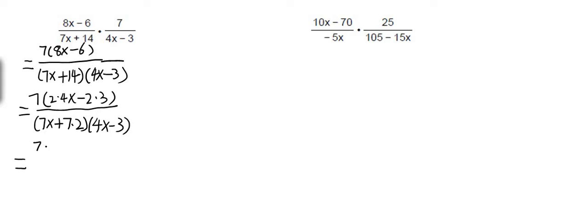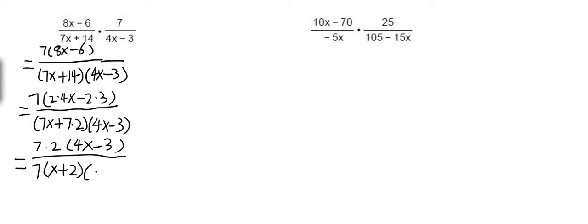Okay, then we're gonna factor the 2 out of this polynomial. We have 7 times 2 times (4x minus 3). And for the denominator, we have 7x plus 7 times 2, so we can factor out 7. Then we have x plus 2.